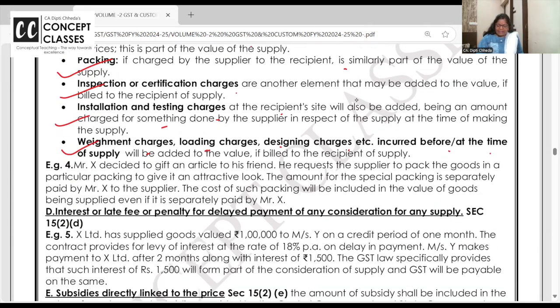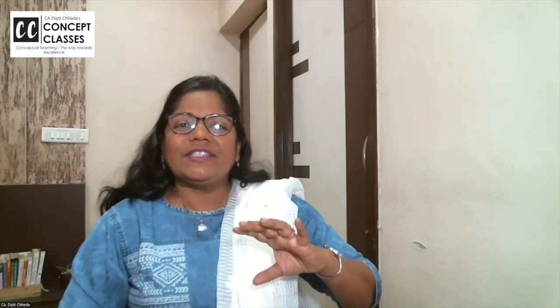X decided to gift an article to a friend. He requested the supplier to pack the goods in an attractive look. The amount for special packing is separately paid by X. The cost of such packing will be included. Say it's Teachers' Day and we have ordered 50 Parker pens for all our teachers' team in concept classes, each costing say 200 rupees.